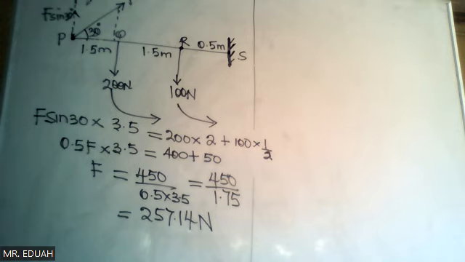If a mass of 4 kilograms is placed 0.4 meter from one end, find the tensions in the wires.